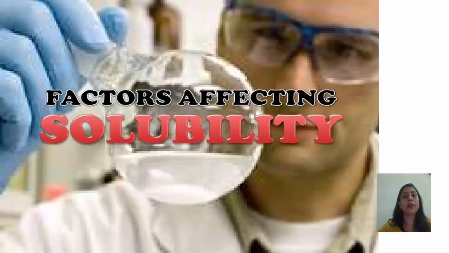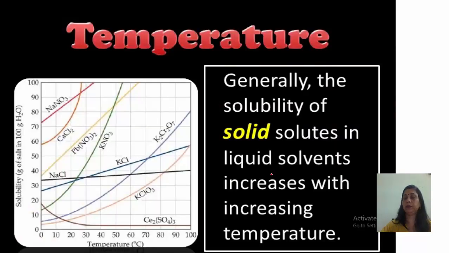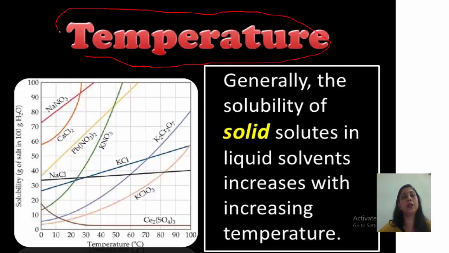Now, factors affecting the solubility. Solubility is affected by a few factors such as temperature and pressure. So we are going to learn those. The first factor which affects the solubility is the temperature. Generally, the solubility of solid solutes in liquid solvents increases with increasing temperature.